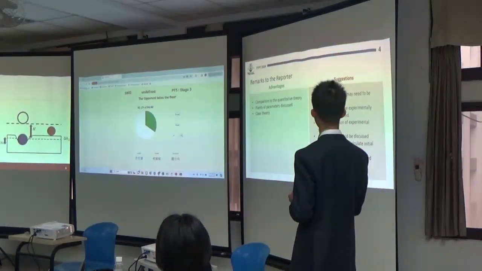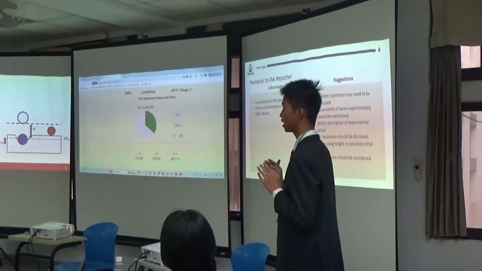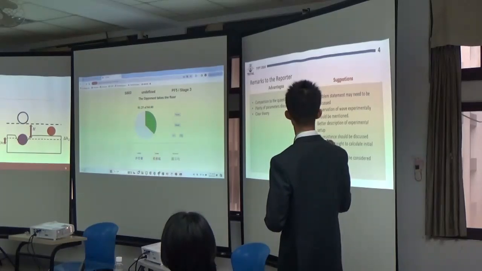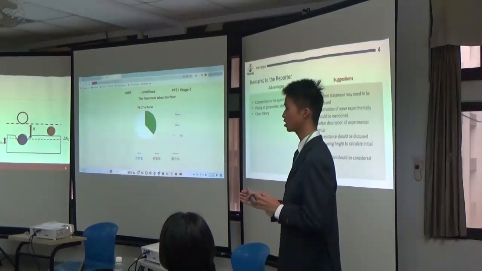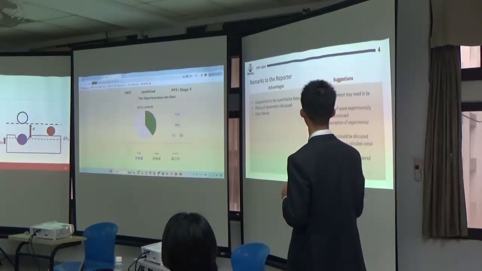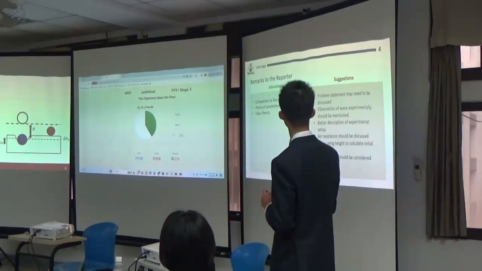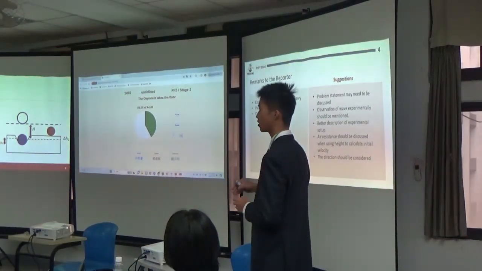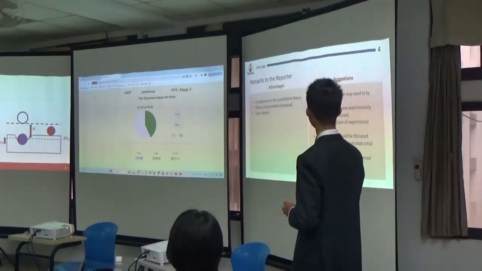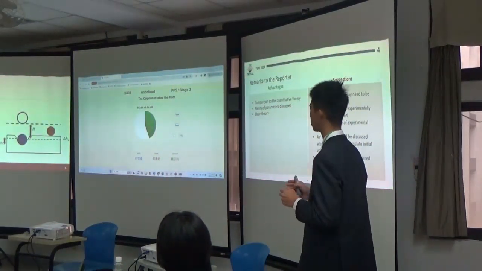And also, I will discuss the direction of velocity, because I assume he measured the height to calculate the initial velocity. And you may need to consider air resistance, so I would like to discuss that with the reporter. And also, the reporter said that there is a wave in the cushion. But I think maybe we should use a method to see that experimentally, and that will better prove the theory.